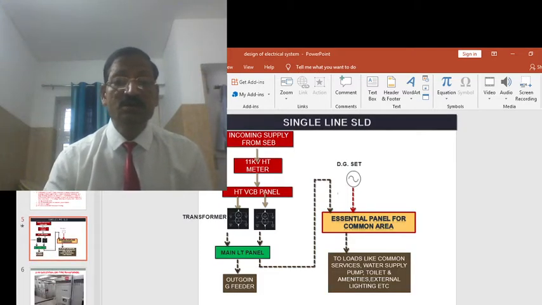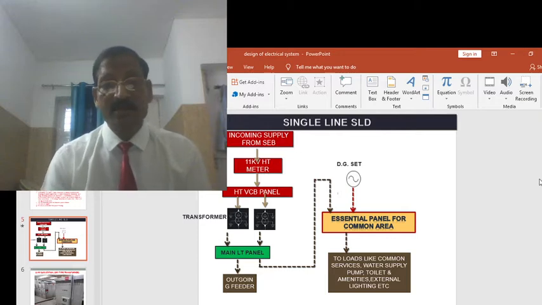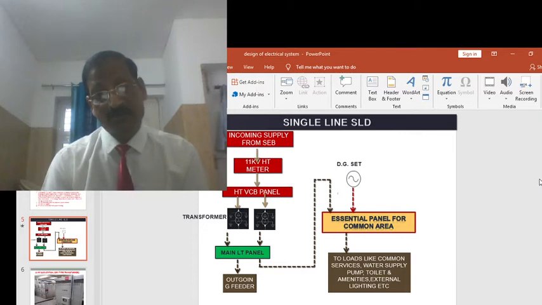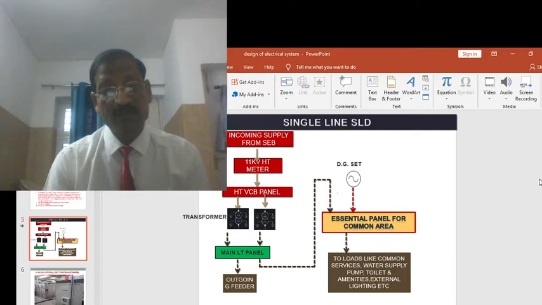There is one single line diagram. Whatever electrical system we design, this shows how the incoming supply from the authority comes to our HT panel. From there the HT meter is there. From the HT meter it comes to the HT panels and then to the transformer.